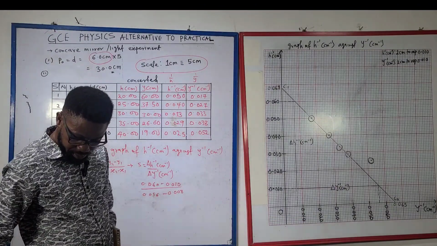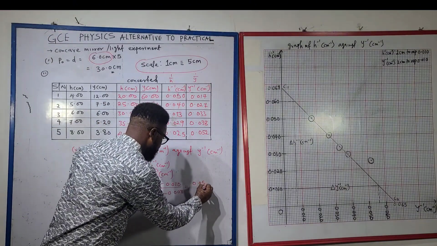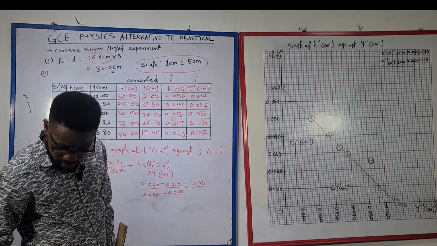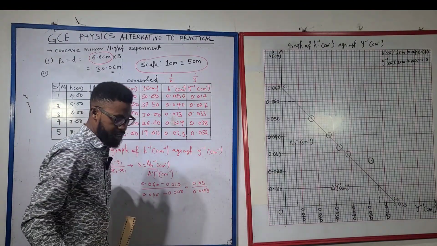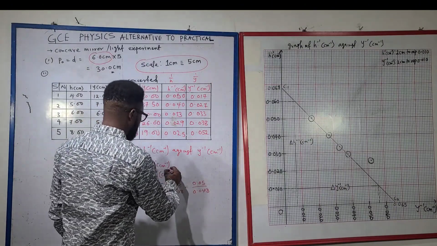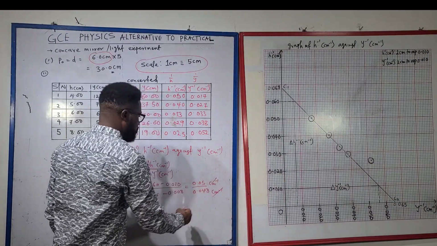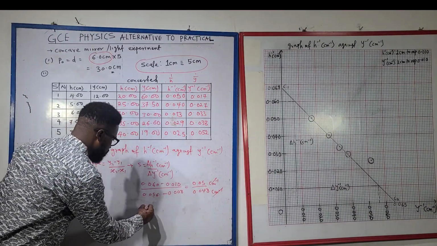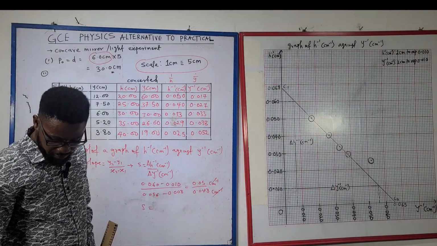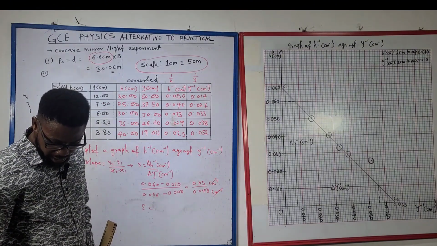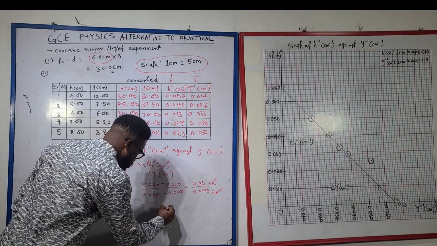So you have 0.05 divided by 0.048. Take note, this is per centimeter, this takes out this, so my slope is not going to have any unit. So 0.05 divided by 0.048 is 1.04.